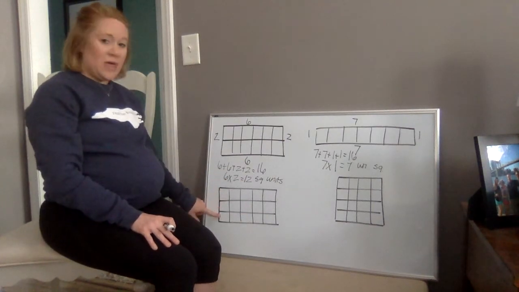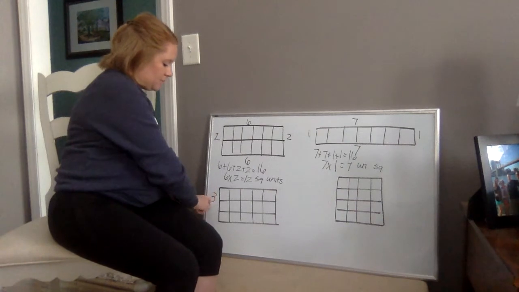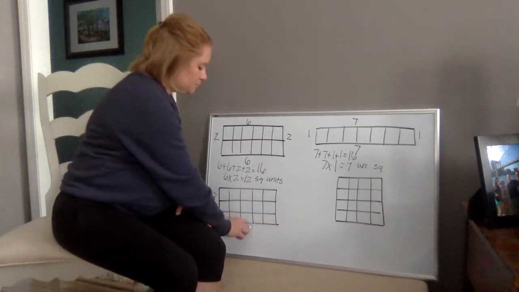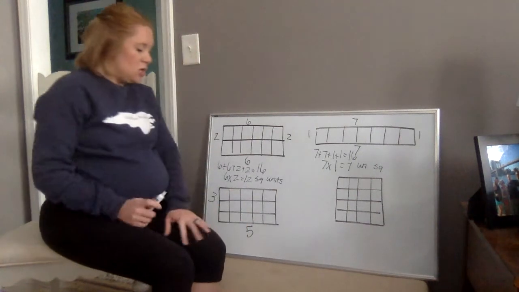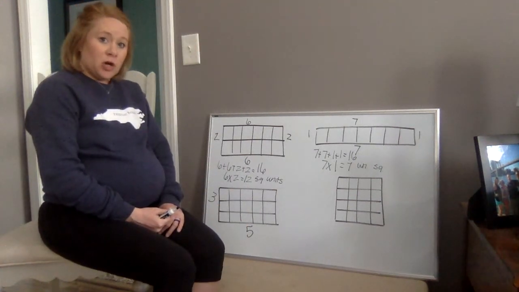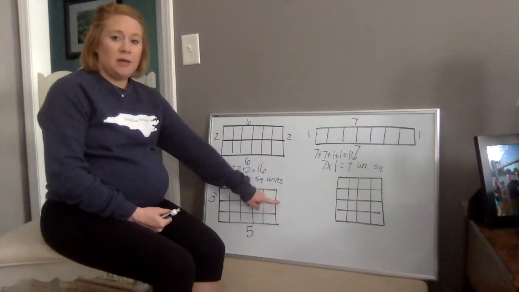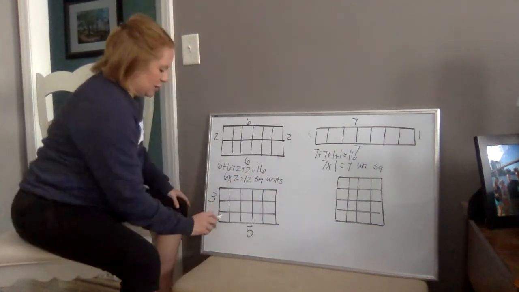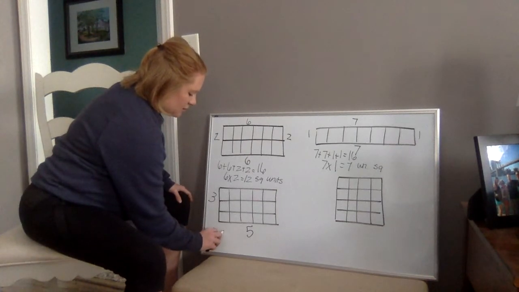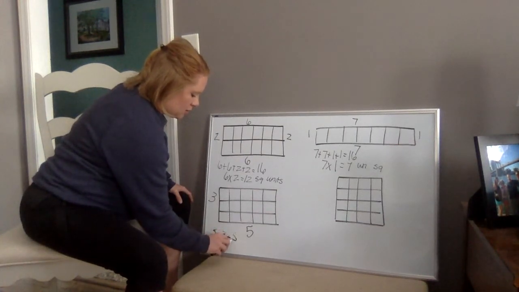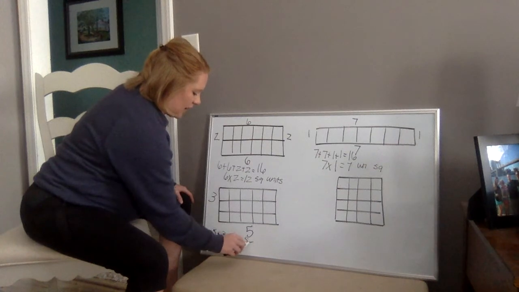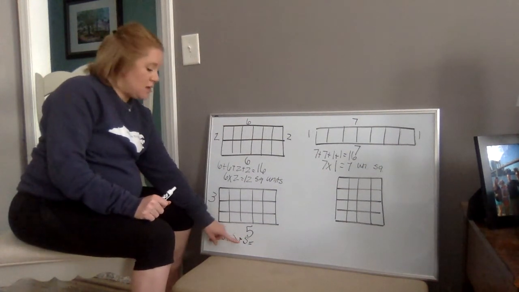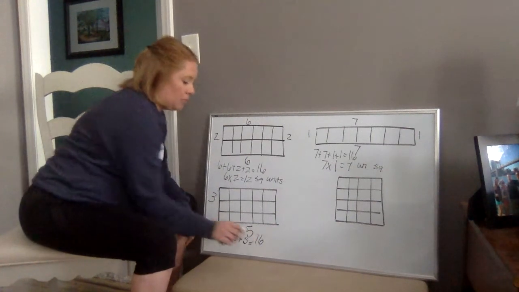So we see that the width is 3. The length is 1, 2, 3, 4, 5. So to figure out the perimeter, we would do 3 plus 3 plus 5 plus 5. 3 plus 3 is 6, and 5 more is 11, and 5 more is 16.